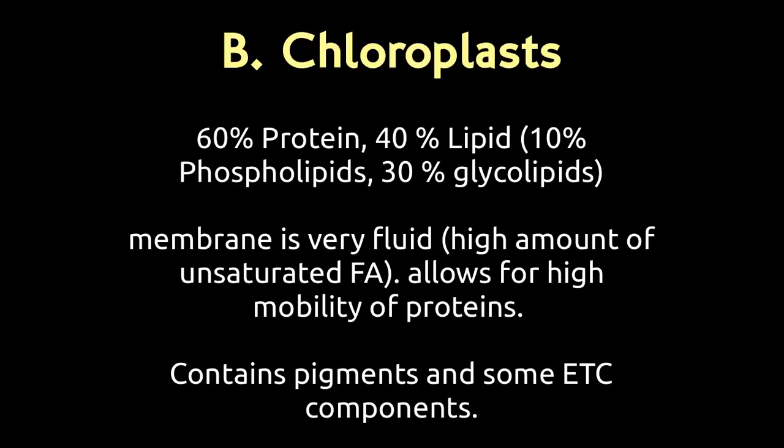So these membranes are predominantly protein, about 60% protein, and about 40% lipid. So there is a lot of protein in the thylakoid membranes. Of the lipids, about 2/3 or 3/4 of all those, 75%, are glycolipids.